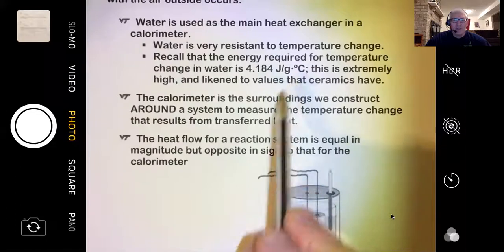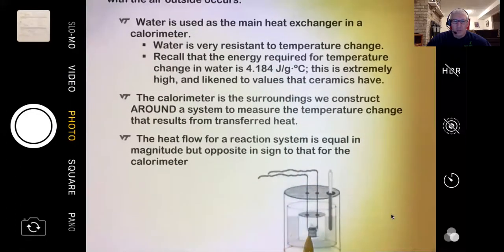So we like using water in our calorimeters because water is easy to use and it has a relatively high specific heat. So even if there's a lot of heat associated with the reaction going on in here, it takes a lot of heat to change the temperature of water.